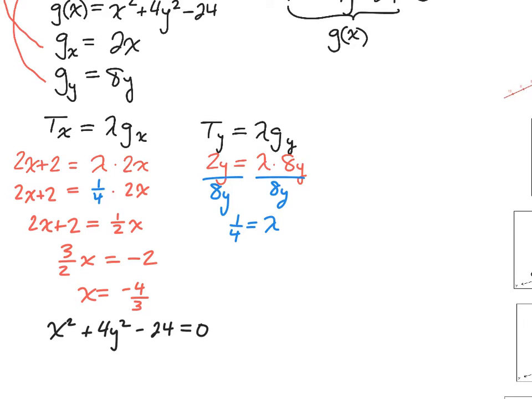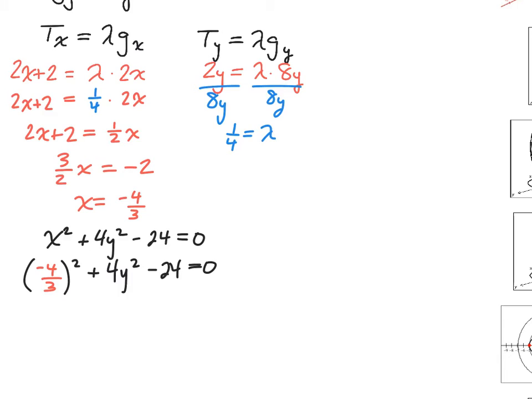So I could pop a -4/3 in here for x. Let me do that in red, actually. And then I'm just going to solve for y. All right, so it's not terrible. We got 16 over 9 plus 4y squared minus 24 equals 0.